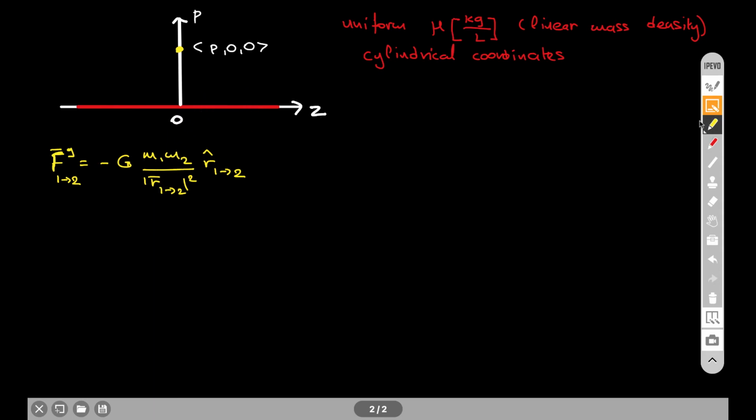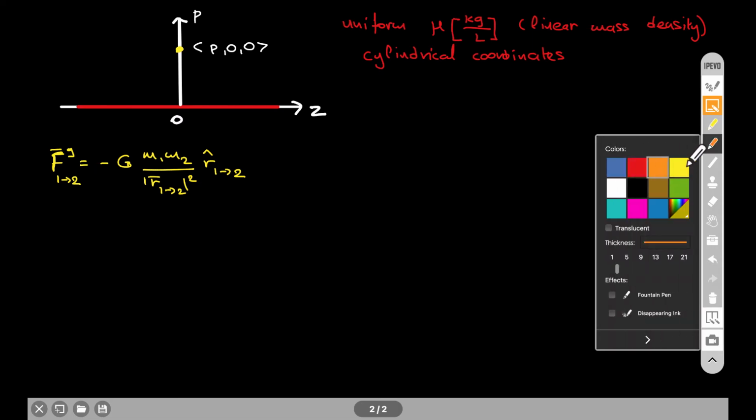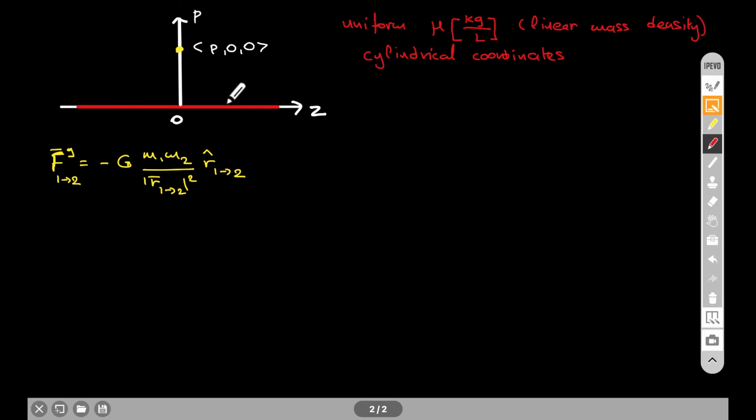The process I'm going to use is the following. I'm going to choose an arbitrary piece from that rod. An arbitrary piece means that it's not going to be at a specific point. It's going to be at some arbitrary location, 0, 0, z.